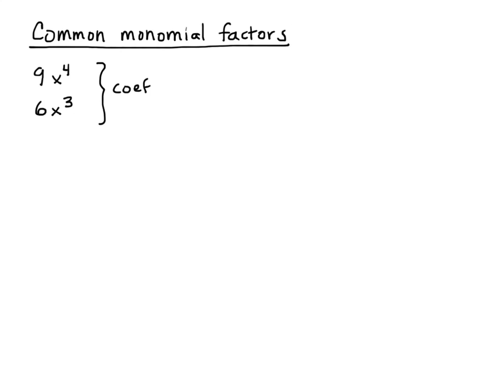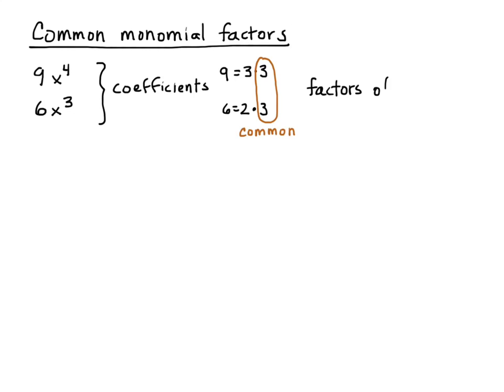If we look at those coefficients, we factor those and we get 3 times 3 for 9, and 6 is 2 times 3, and we see that we have 3 in common. And so the factor that we can factor out, if both of these are in common, is of course the x cubed, because x to the fourth is x cubed times x. And then we can also factor out a 3.